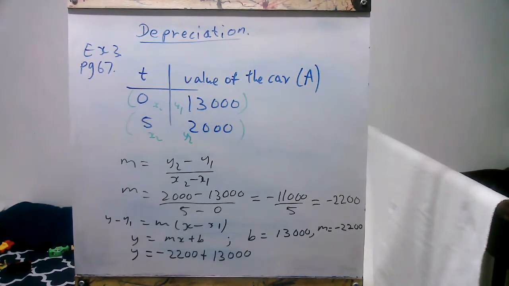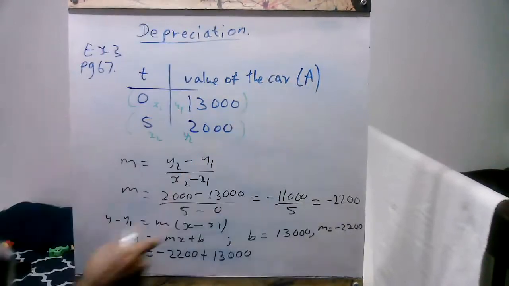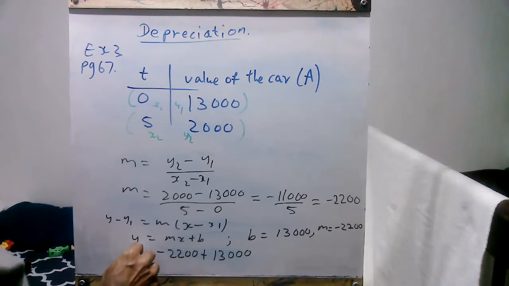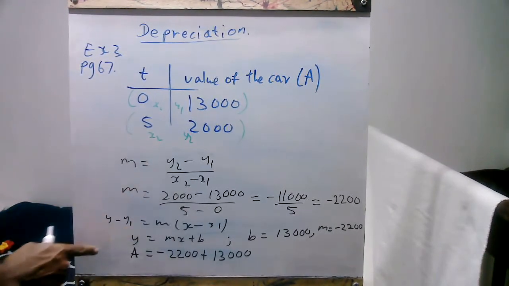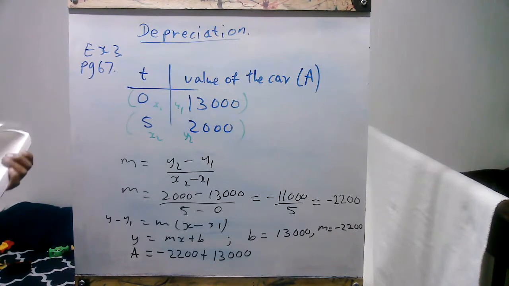Okay, now one thing, they ask us to use this y value as a, therefore this should be a. We plug it here, we get this answer. This is the equation. Okay, this is example 3.